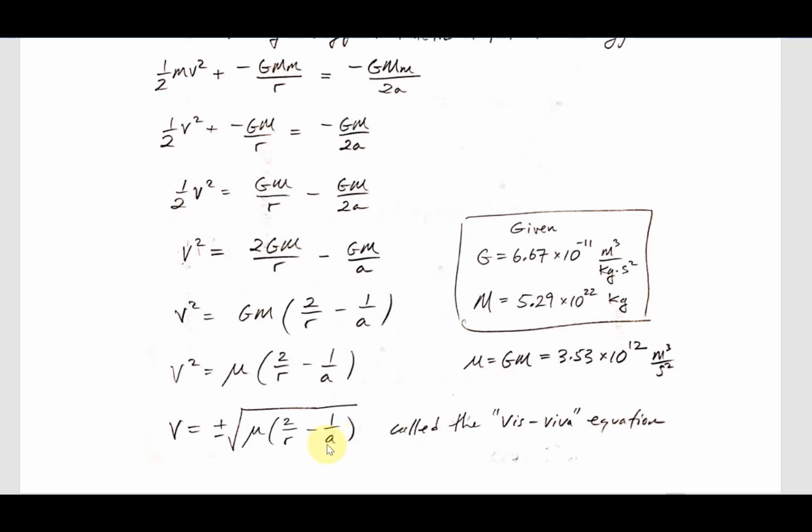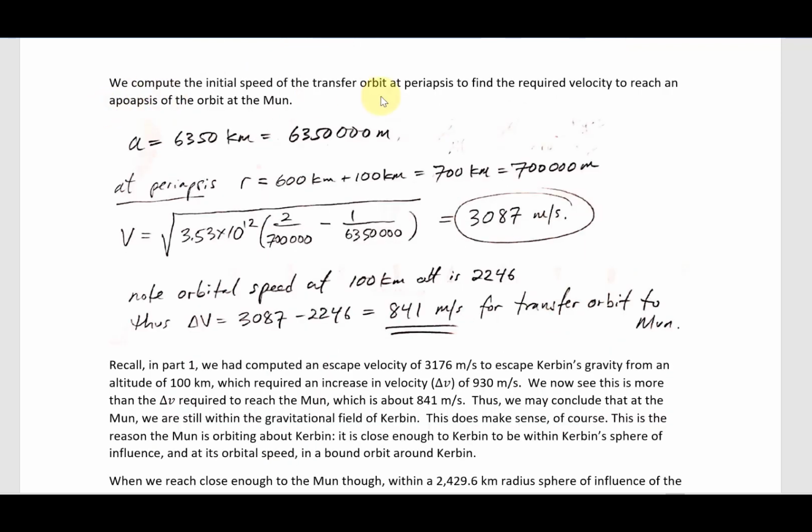But if you know the semi-major axis and you know the radial position, the distance from the focus of the orbit, if you know that value of r, and the gravitational parameter for the primary body you're orbiting, well, you can calculate the speed that way. So let's compute the initial speed of this transfer orbit at the periapsis to find the required velocity to reach an apoapsis of the orbit exactly at the Mun. So remember, my semi-major axis was 6350.